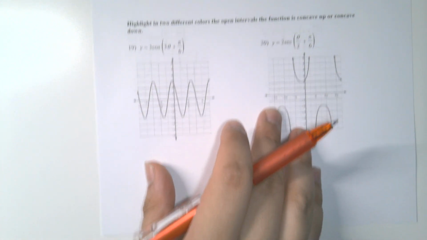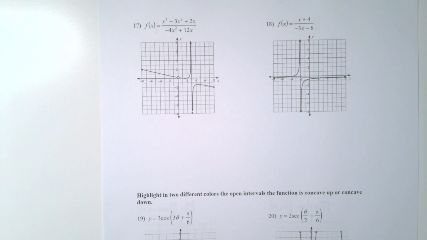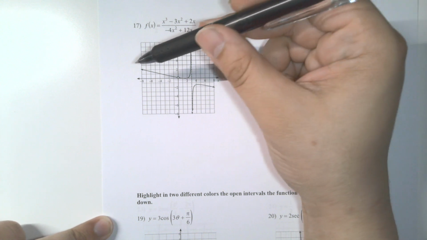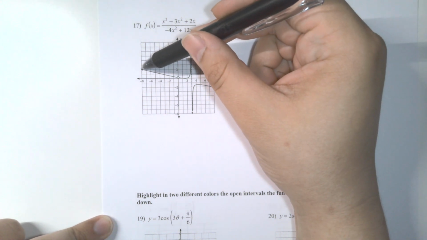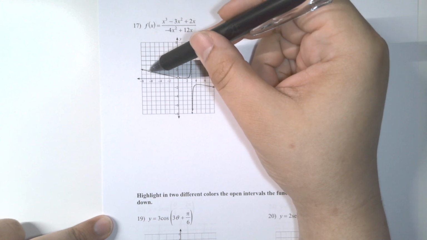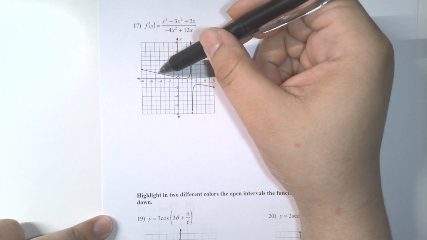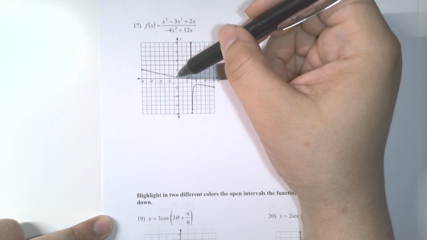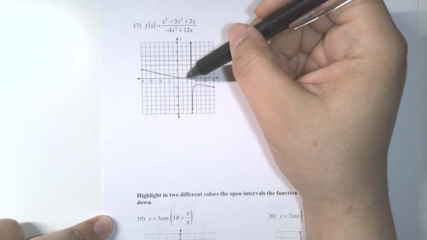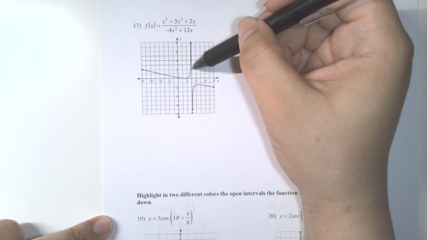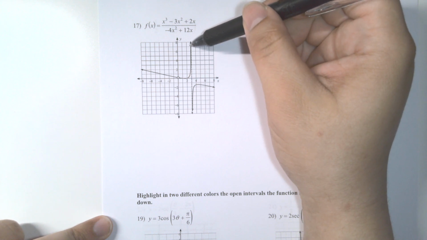Let's look at the next one. Okay. So let's start from over here from the right. So we have a slight negative slope here. And maybe hard to tell, but it starts increasing until it becomes flat around right there. And then it shoots off towards positive infinity here.